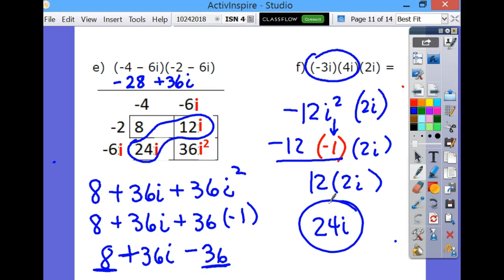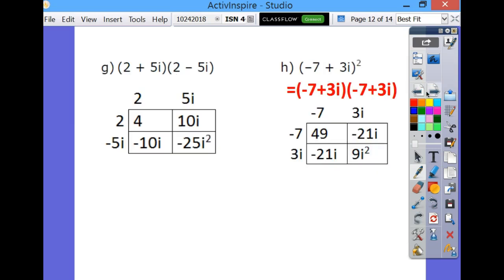Am I going to need a box problem for part G? Example number G. Please set up your box problem and multiply problem G. I see some of you using FOIL.